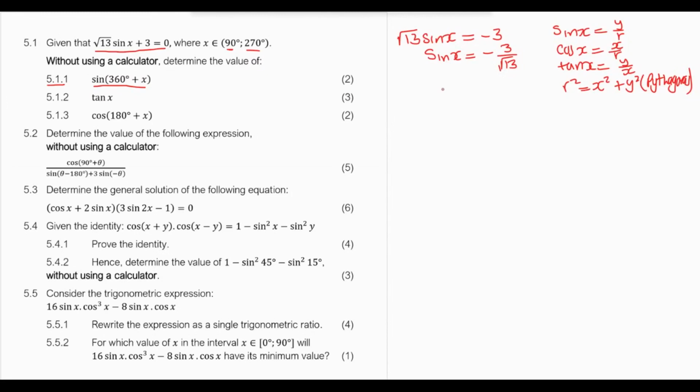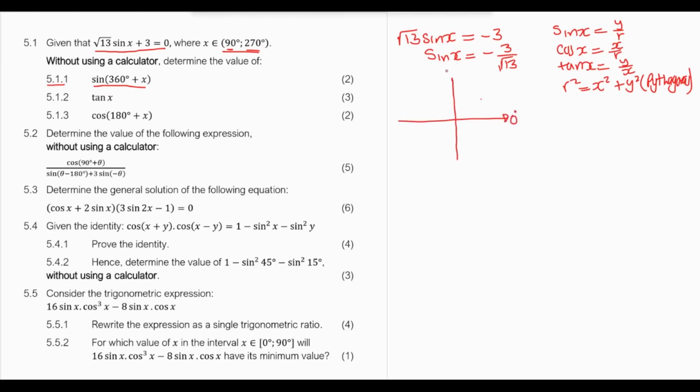We have to draw our diagram to represent this. Sine x is negative in the third and fourth quadrant. X is between 90 degrees and 270 degrees. So this is our diagram.